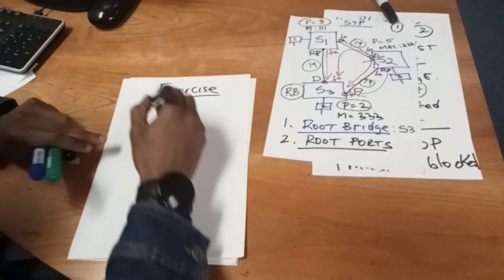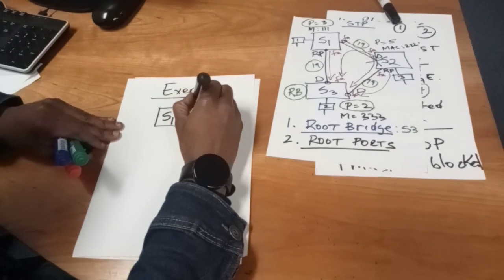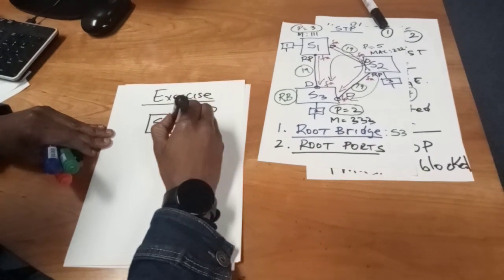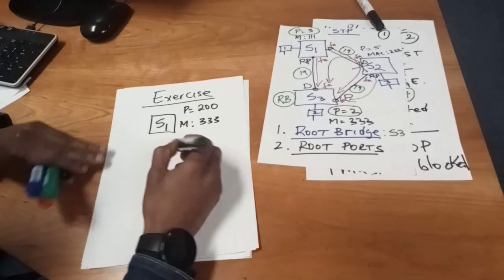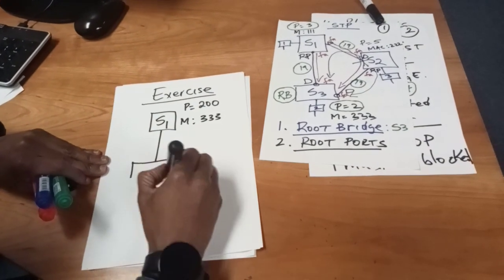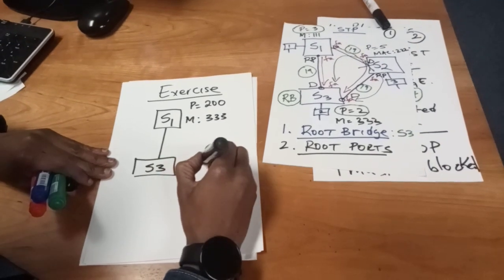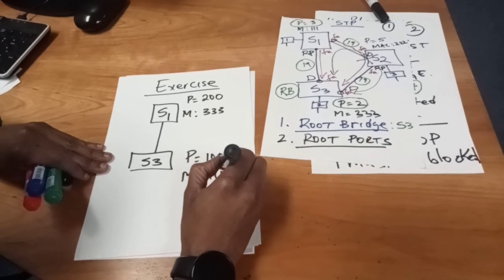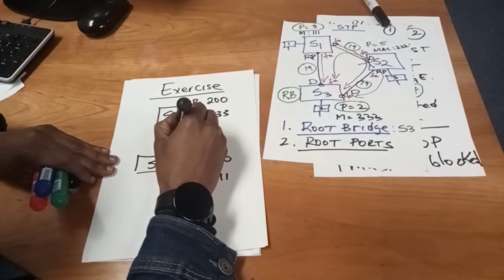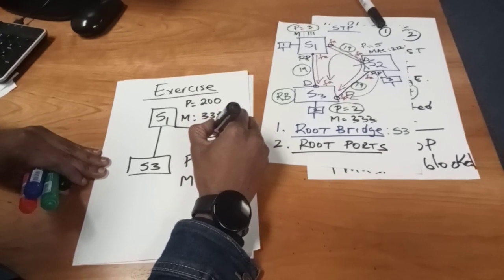The exercise: you're going to have one switch here. The priority is 200, MAC address is 333. It's connected to switch number 3. The priority is 100, MAC address 111. This one is connected to switch number 2.